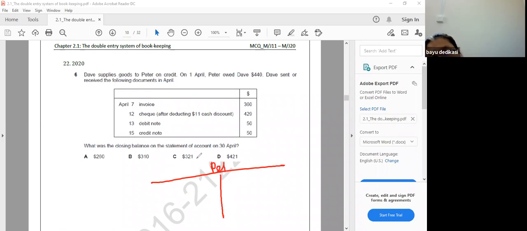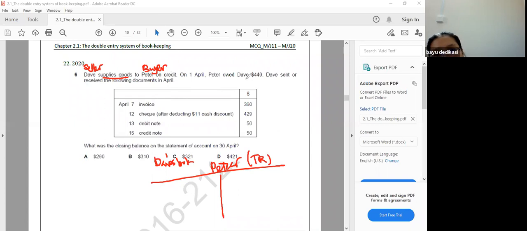Let's assume this is from Dave's book. So we have Peter. When he supplied goods, Dave is the seller and Peter is the buyer, so from this point of view, it is a trade receivable.